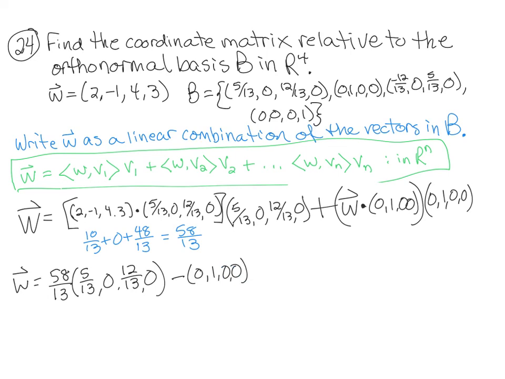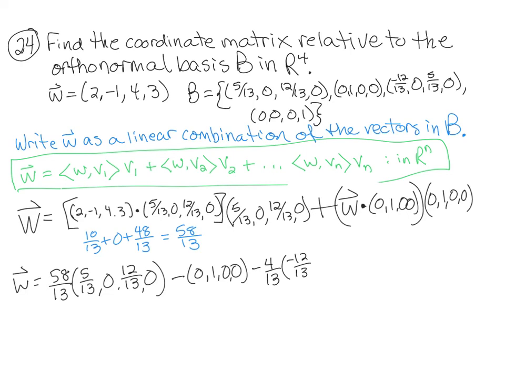All right, next we have W dotted with the third vector here. So we're going to get -24/13 plus 20/13, and that's going to give me -4/13 times that third vector.